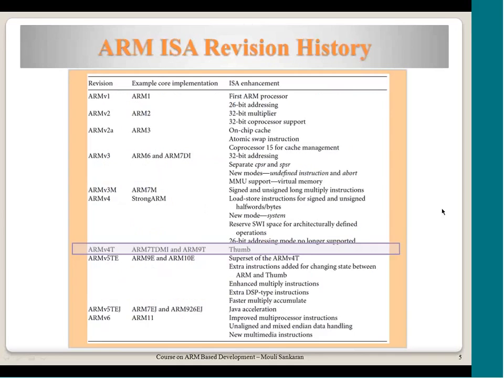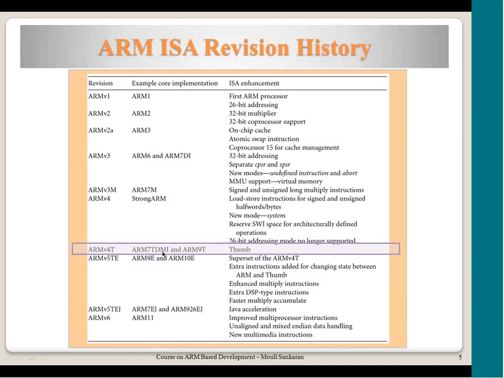Now, these are all the ISA revisions. Starting from ARMv1, we are currently talking about ARM7 TDMI, which follows this ARMv4T instruction set architecture. There are subsequent improvements to that instruction set architecture, with different names, and they are mapped to the ARM processor cores.